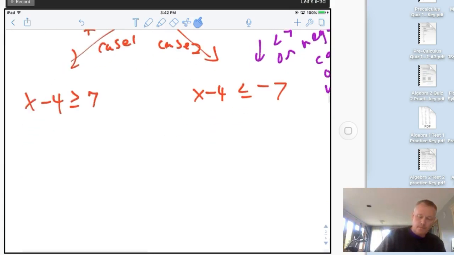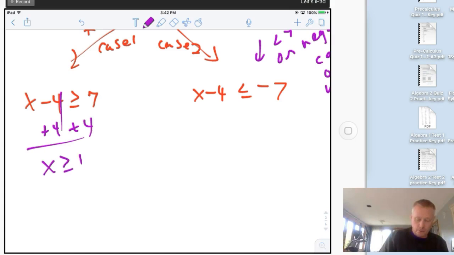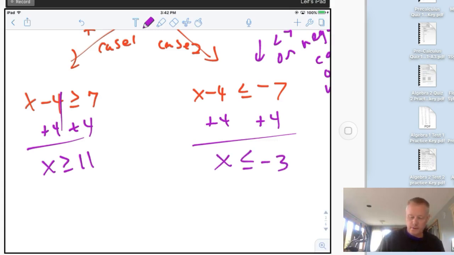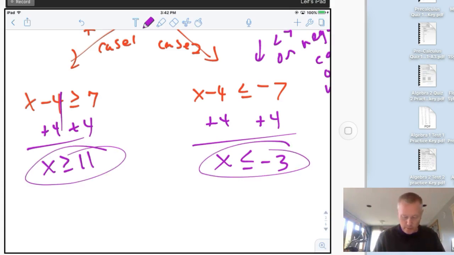Okay. All right. Add 4 to both sides. Those cancel. I get x is greater than or equal to 11. Add 4 here, but it's not 11 here. It's going to be negative 3 here. So x is less than or equal to negative 3, or greater than or equal to 11.